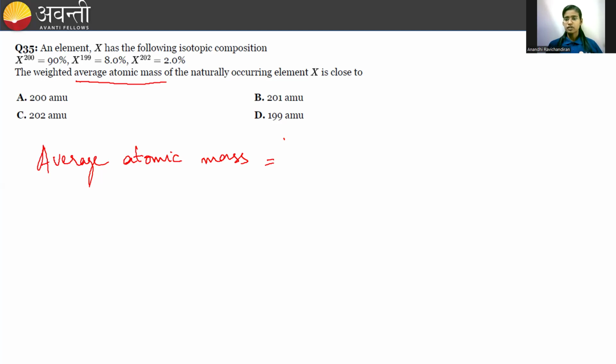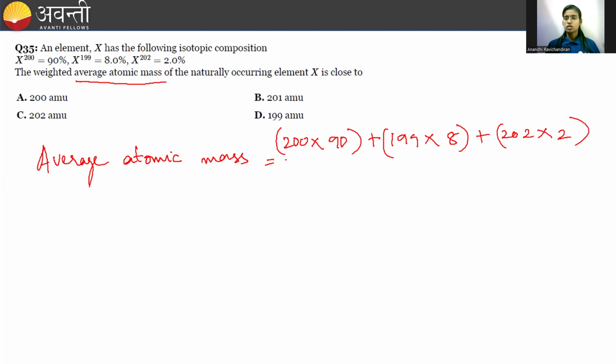The mass of the first isotope is 200 and the percentage composition is 90. So 200 into 90 plus the mass of the second isotope, 199, into the percentage 8, plus the mass of the third isotope, 202, and the percentage composition 2, the whole divided by 100.